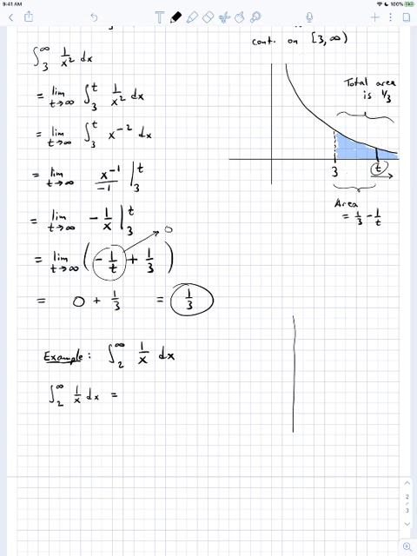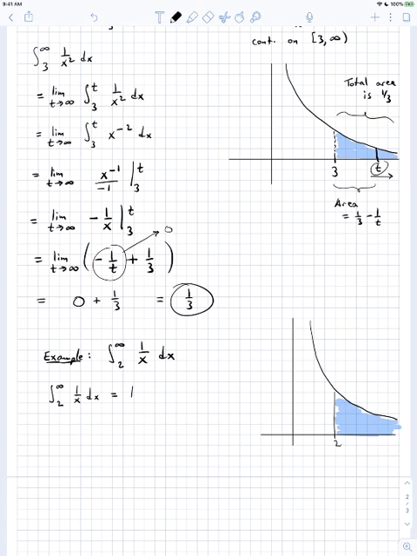We can even draw it, but it will look essentially the same. So it will look something like that. And let's say 2 is over here. And again, the region that we're interested in is infinite in length, going from 2 to infinity.